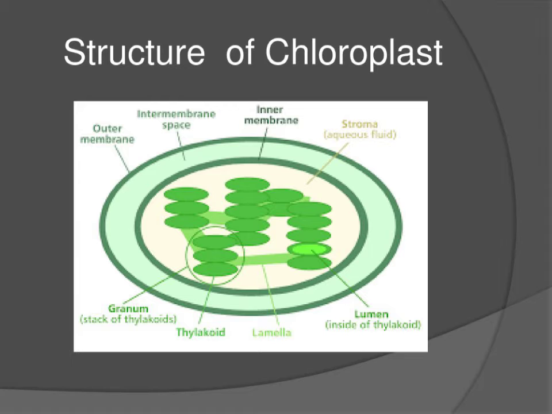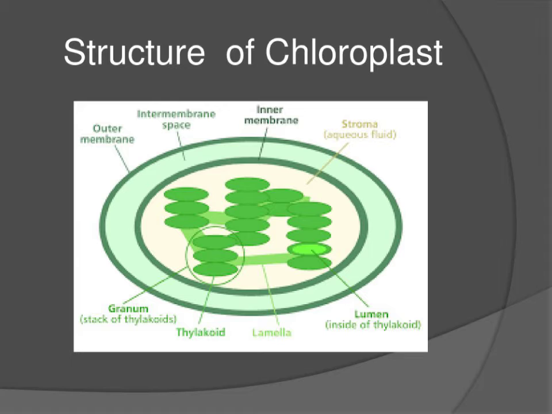Chloroplasts are oval shaped organelles, having a diameter of 2 to 10 micrometer and thickness of 1 to 2 micrometer.